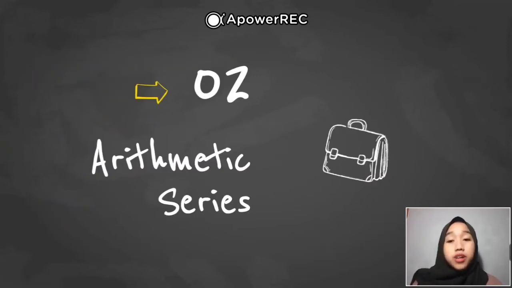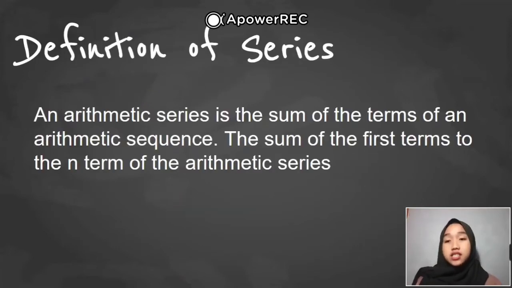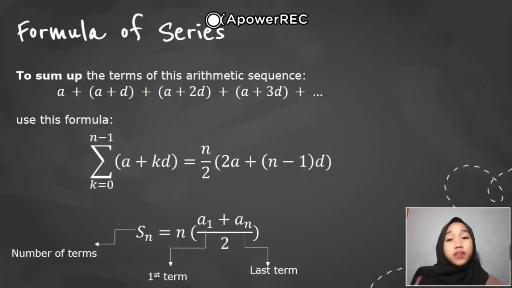And now I will explain about arithmetic series. The definition of an arithmetic series is the sum of the terms of an arithmetic sequence, the sum of the first term to the nth term. The formula of the arithmetic series is a plus a plus d plus a plus 2d plus a plus 3d and so on.